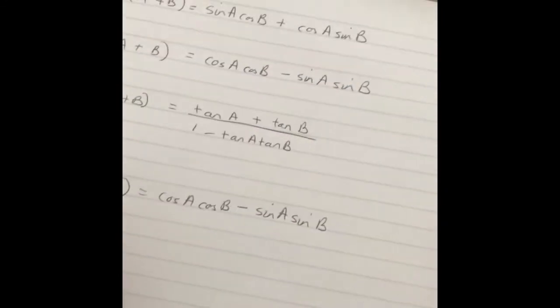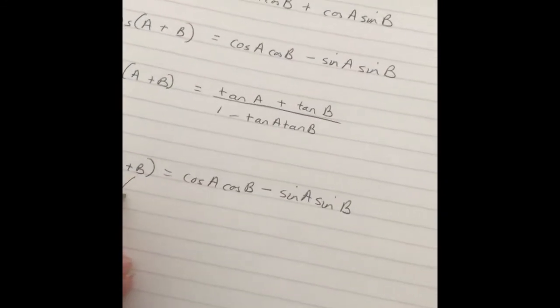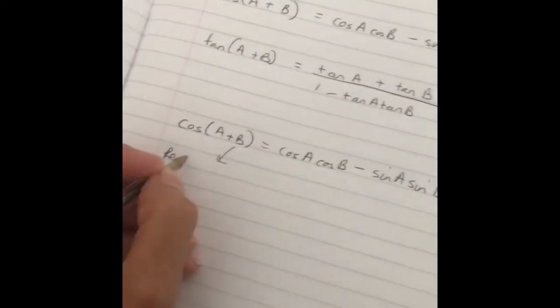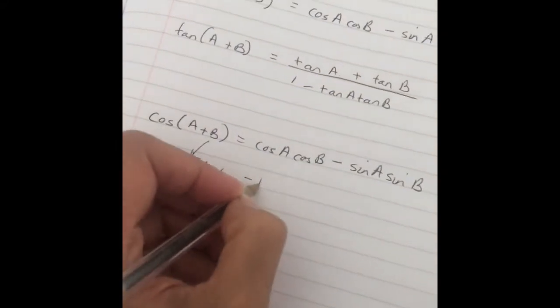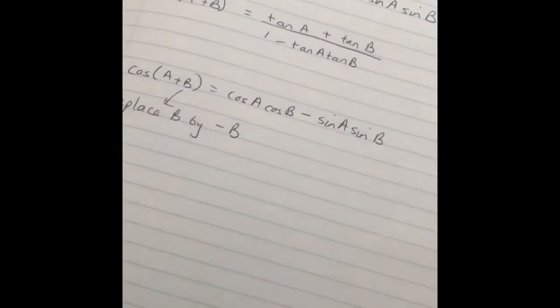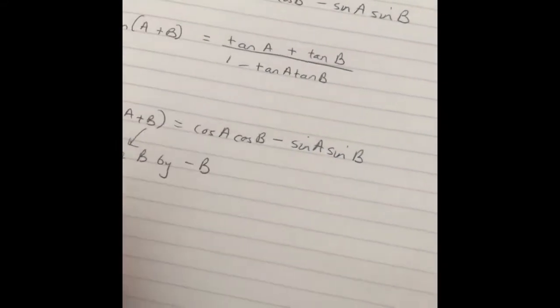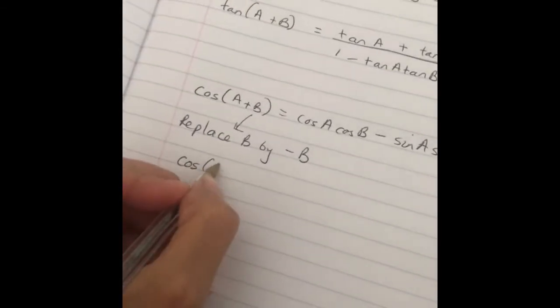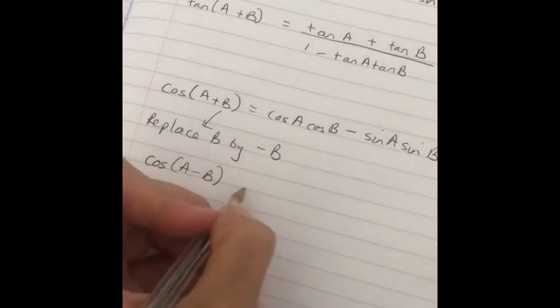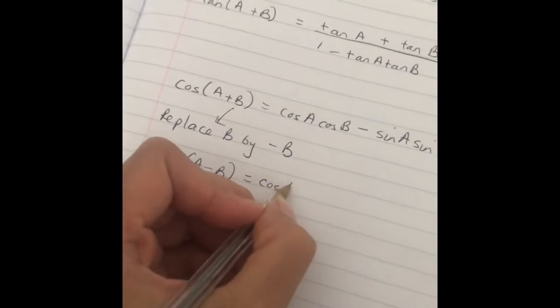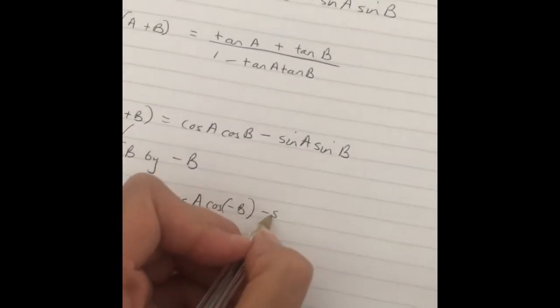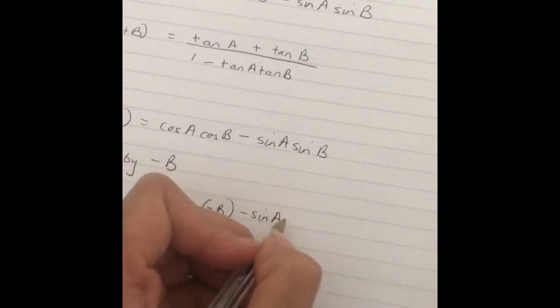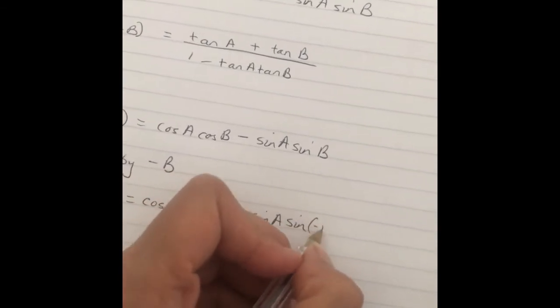Then I'm going to replace b by minus b. If I do that, I will get that cos of a minus b is cos a cos of minus b minus sine a sine of minus b.